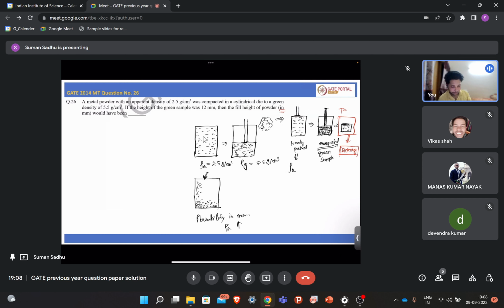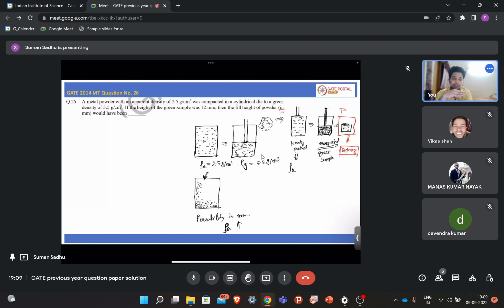So that means rho A will give you an idea about the flowability of the powder, right? So this is the significance of rho A. If your powder has much more flowability, then your rho A will be higher. So it is also good for your powder. You should have good flowability. Otherwise, what will happen if you compress the powder? If the flowability is not good, it will not be compacted properly.